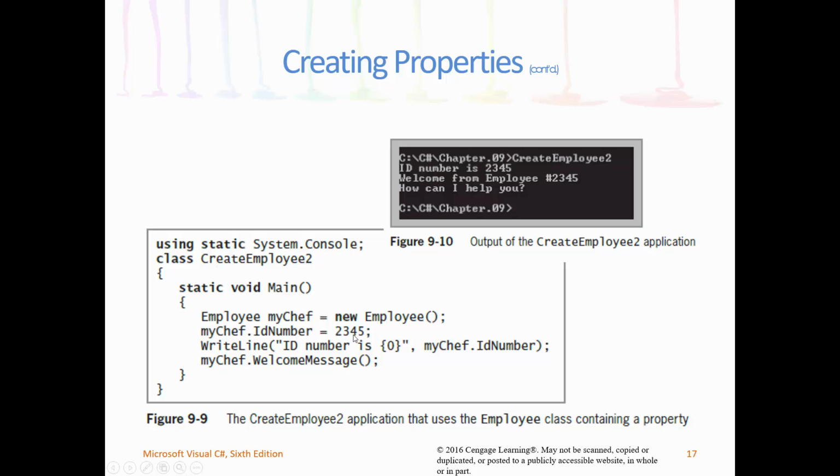Notice that previously, every time we ran this, we never set the ID number, so it always just came out to 0. Here we're setting it to 2345, so you'll notice the message from the DOS command line that you see towards the upper right hand corner. Now it says ID number equals 2345. Welcome from employee number 2345. How can I help you?